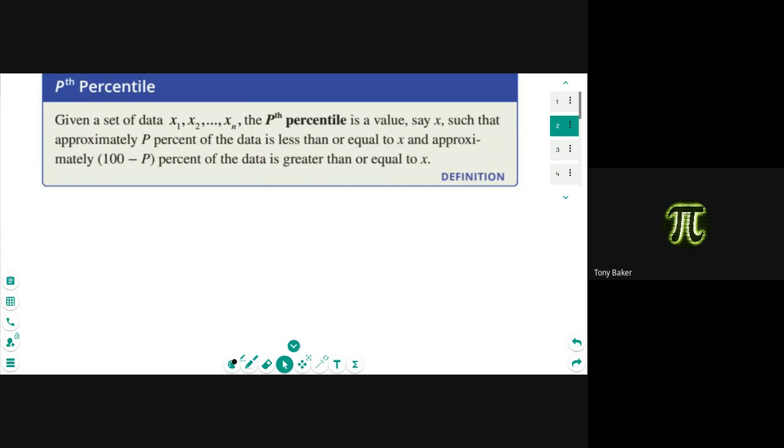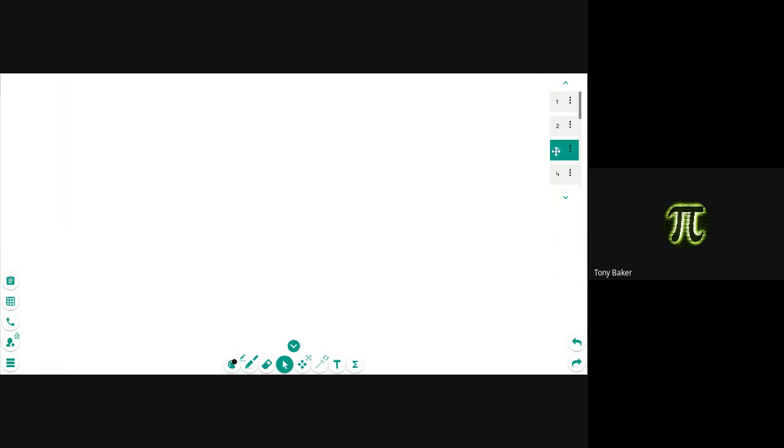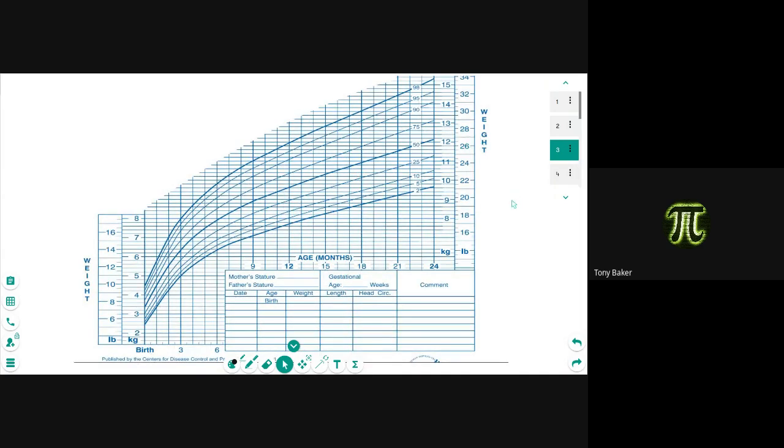If we look at this chart that I briefly showed you, and I'm going to show you again, except we're just going to look at the weight side of it. So here's that chart. You'll see that line right there, that middle line, is the 50th percentile. That would be considered average.